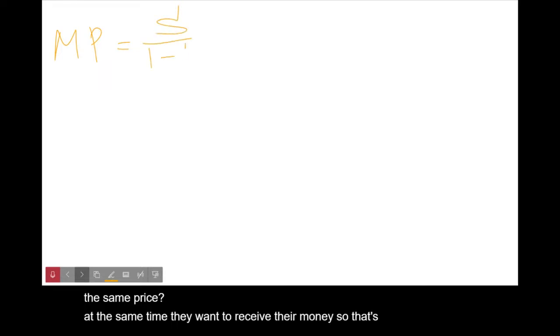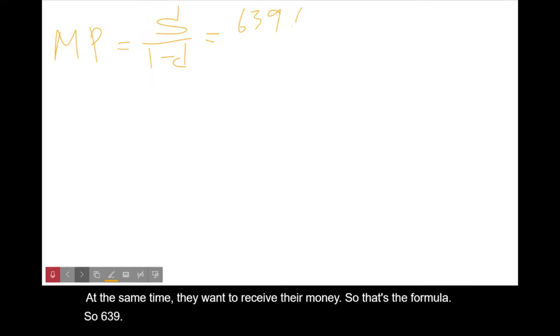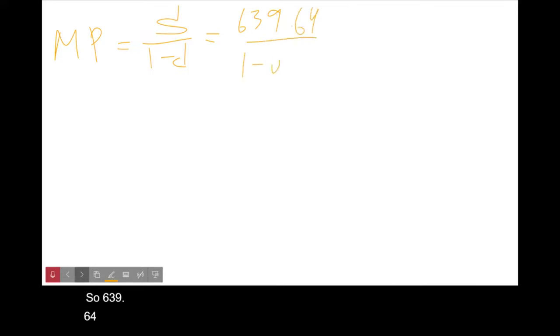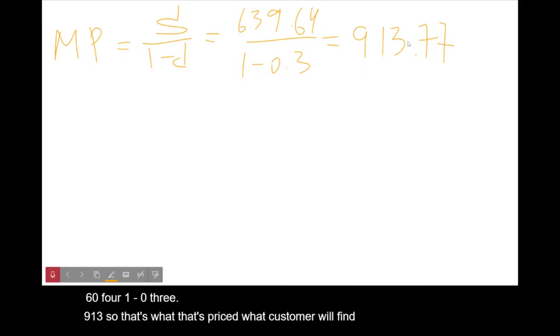So that's the formula, right? So 639.64 divided by (1 minus 0.3) is 913.77. So that's the price the customer will find on the tag.